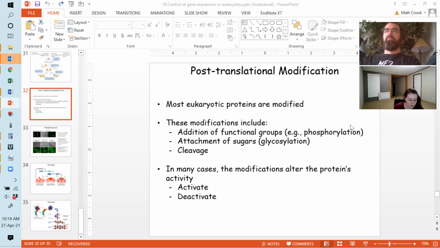And also, and this is where it gets even funkier, you can have kinase cascades, right? And so basically the idea here is that once a kinase is activated, it can activate the next kinase by phosphorylation, and so on, right?